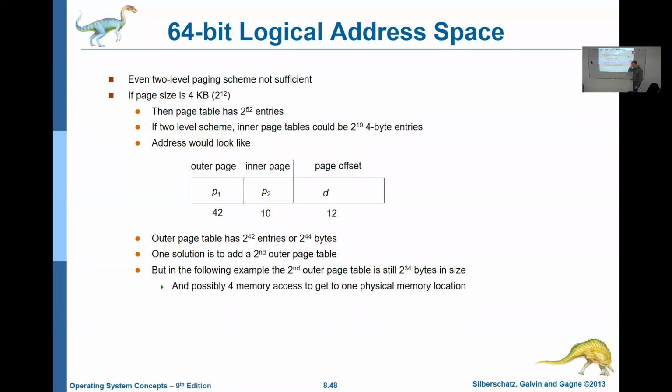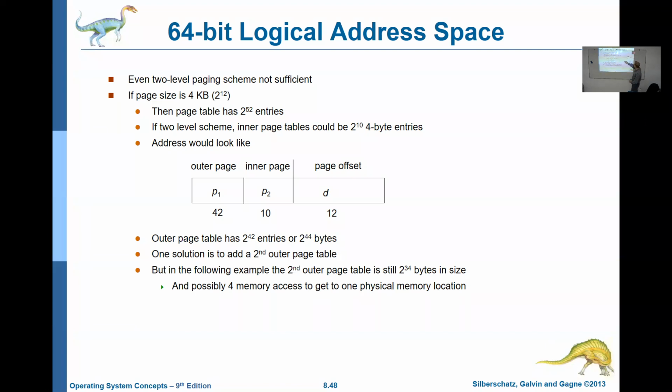These are bytes. The total size is from 0 till byte number 2 to the 12th minus 1, right? That would be the whole page. So when we page, that's a page.